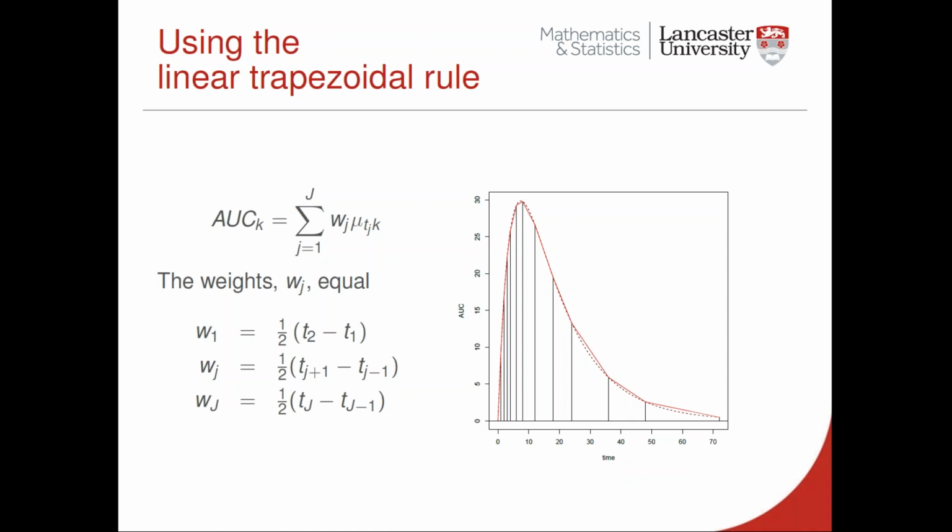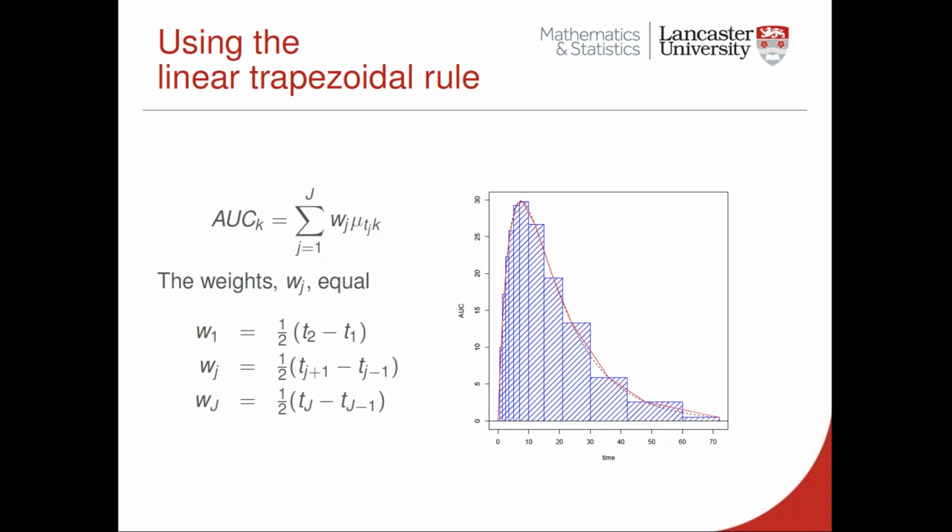That results in this red, no longer smooth curve. On the basis of this underlying model, if you want, we can then obtain an estimator of the area under the concentration curve, which is essentially just the sum of these blue rectangles corresponding to the midpoints of each of those intervals coming from the linear interpolation.